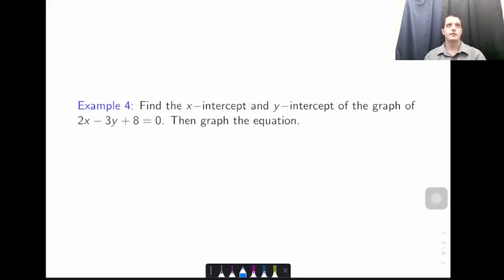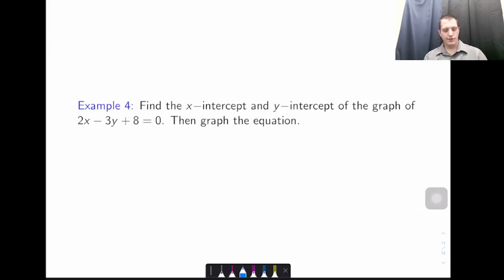Example 4. Find the x and y intercepts of the graph of 2x minus 3y equals 8. Then graph the equation. All right, spoiler alert, I don't like this one. We're going to get a decimal, but whatever, okay.